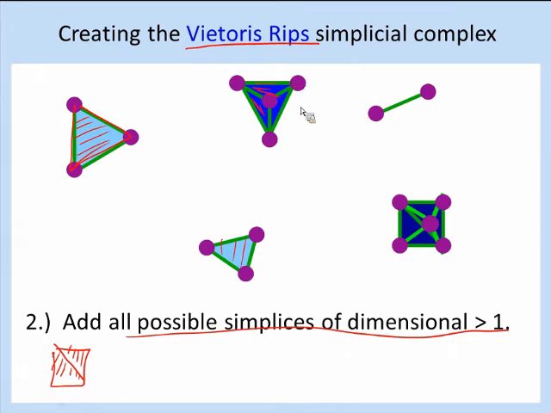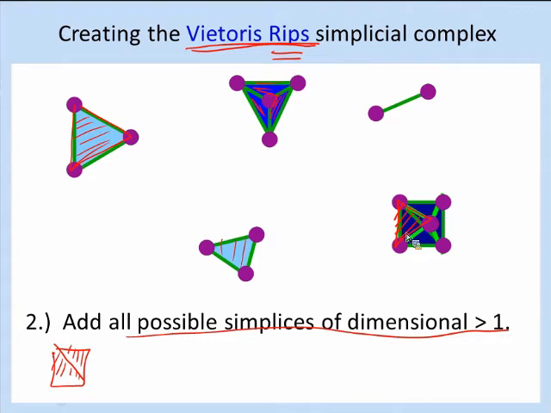I don't have to if I'm just creating an arbitrary simplicial complex, but if I'm doing the Vietoris-Rips simplicial complex, frequently just called Rips for short, then if I have 3 edges that form a triangle, I am required to fill it in with a 2-simplex. And we go higher.